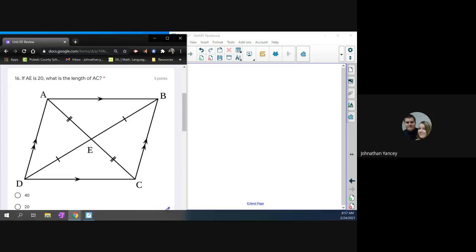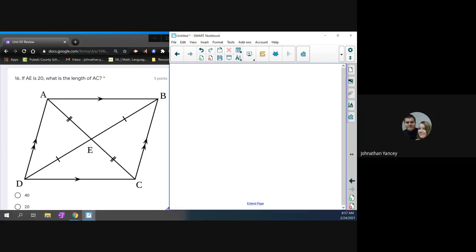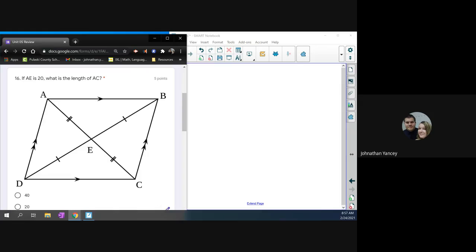You see the two marks between A and E? You see the same thing between E and C. I'll agree that if AE is 20, then this one has to be 20 as well, and if we add them together, we get 40. It might be wrong. If anybody thinks he's wrong, feel free to correct him.